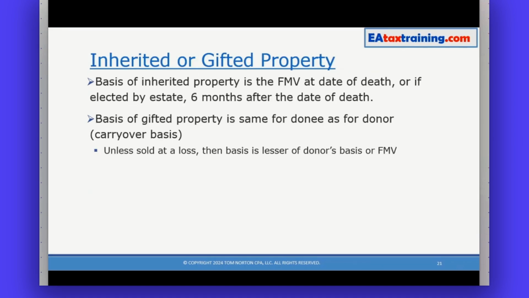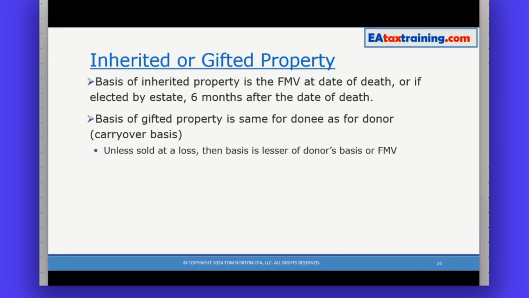Inherited or gifted property. So the basis of inherited property. Someone dies and leaves you, or leaves the taxpayer, property. The basis for that person who received the property is the fair market value of that property at death, or if elected by the estate, 6 months after the date of death.